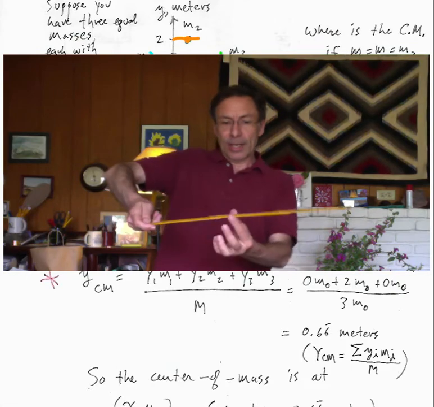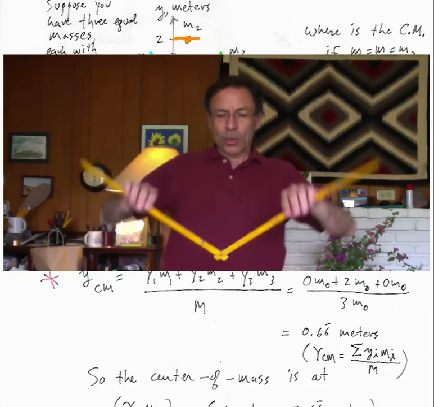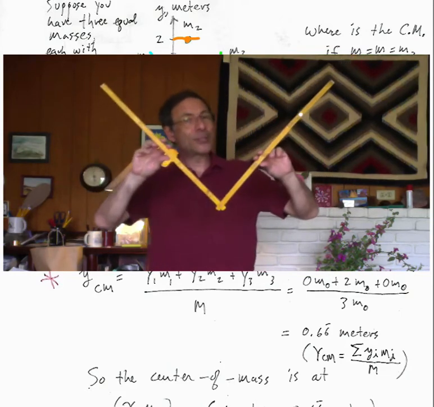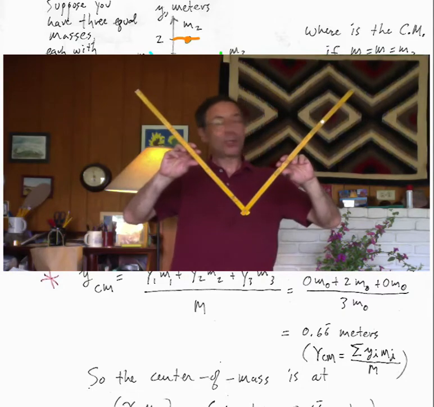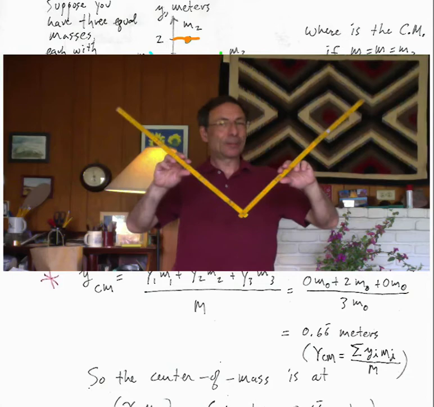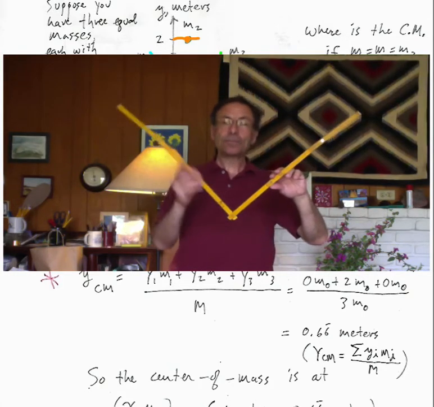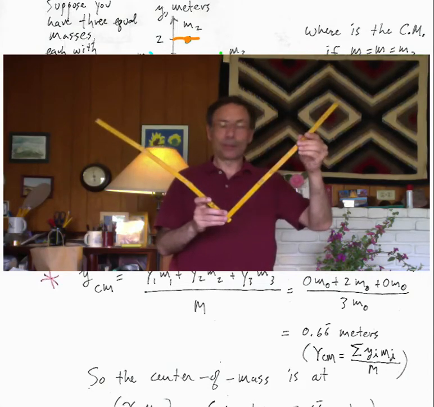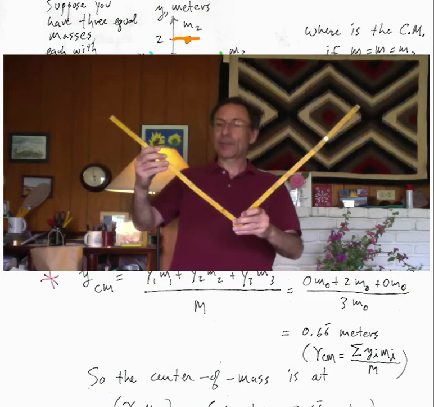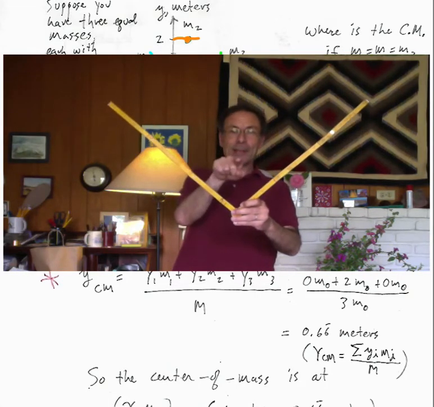It's right at the halfway point. But now, where is the center of mass of the overall object? If you want to stop the video here to think about it, you could stop. I am going to reveal the answer. And it's a surprising answer. It's right there in space.